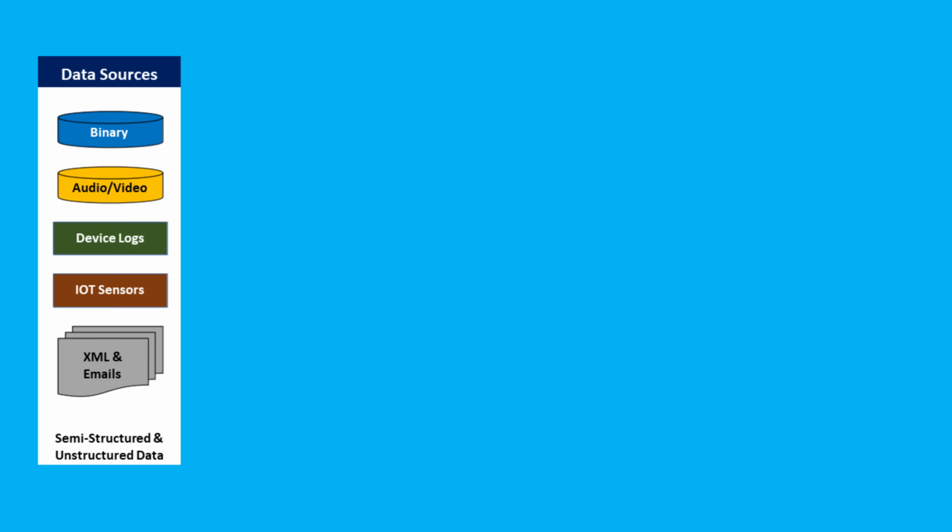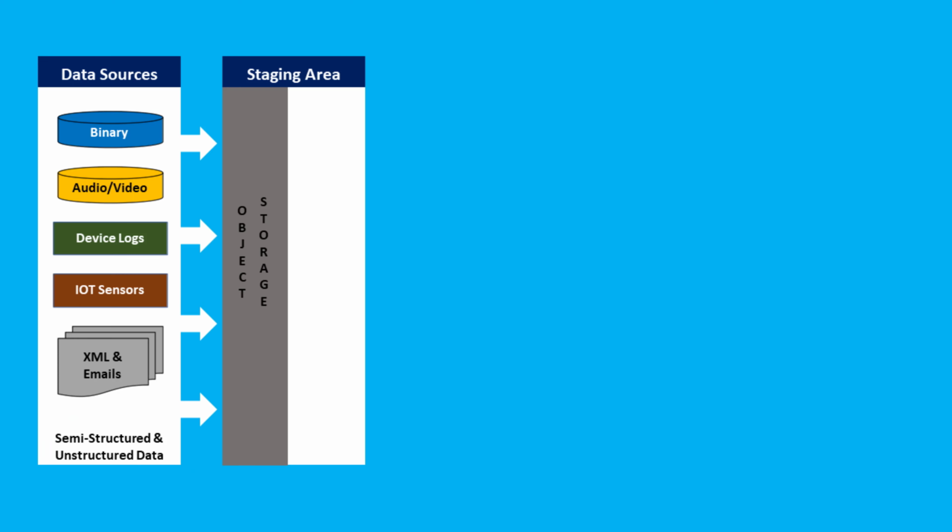The architecture of a data lake starts off by specifying our semi-structured and unstructured data sources. There are many, including binary files, audio and video files, device logs, IoT sensors, XML, and email. This data is then brought into the staging area, which is just object storage.